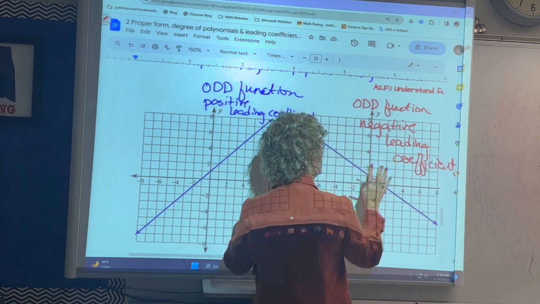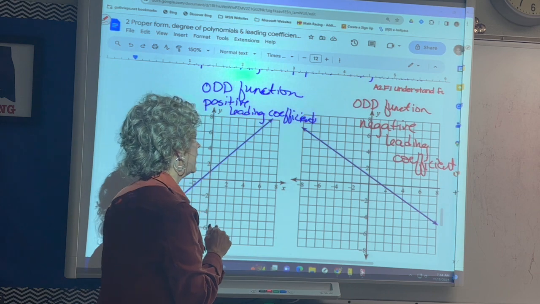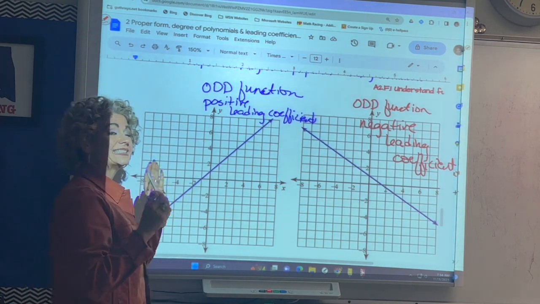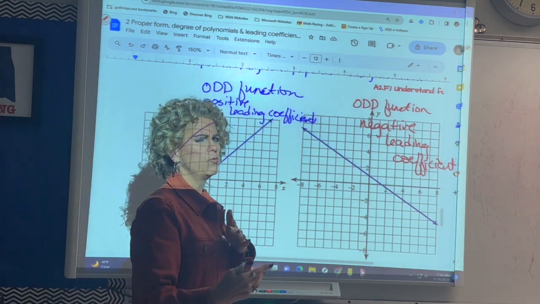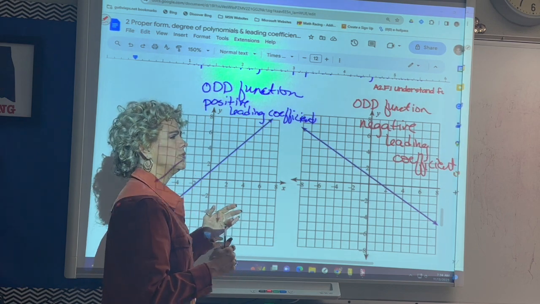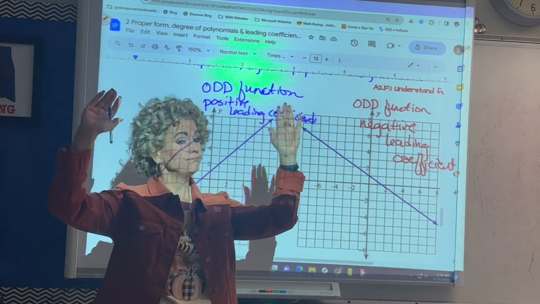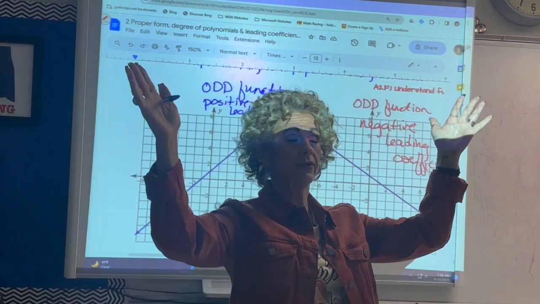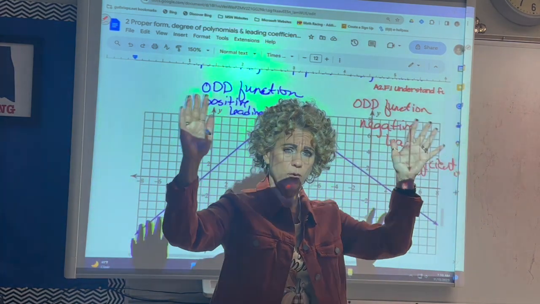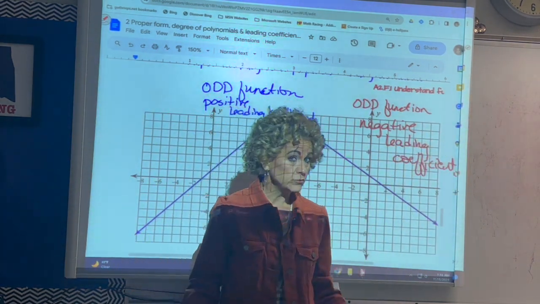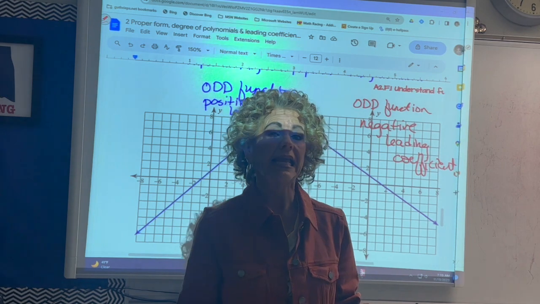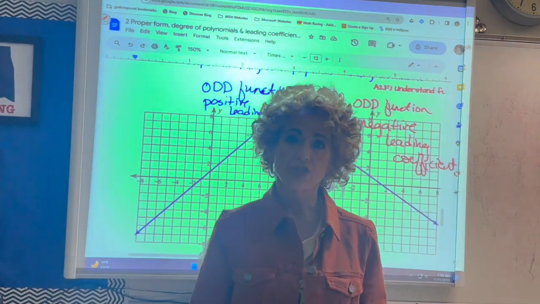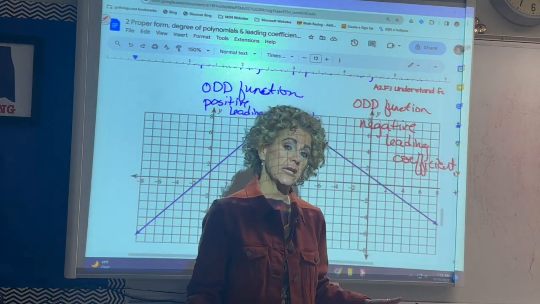So not too terribly bad, okay? So we've done 6 graphs that we're familiar with, okay? We've done the quadratic, both ends go up, positive, an even function with a positive leading coefficient. Both ends go down. That is an even function with a negative leading coefficient.